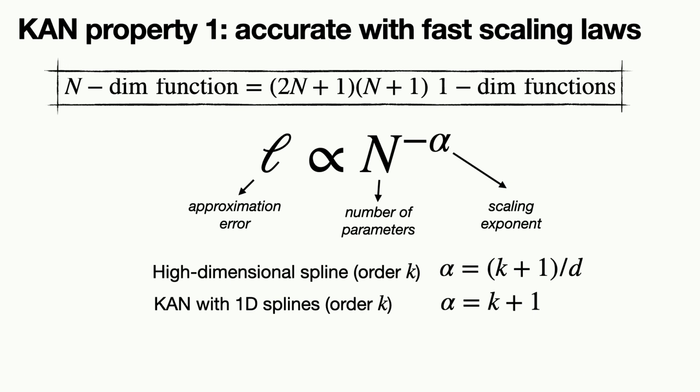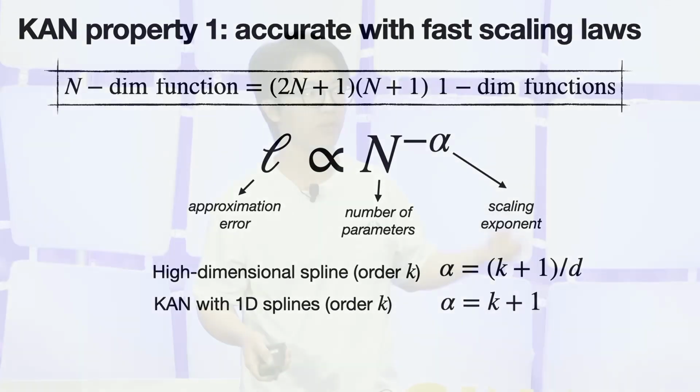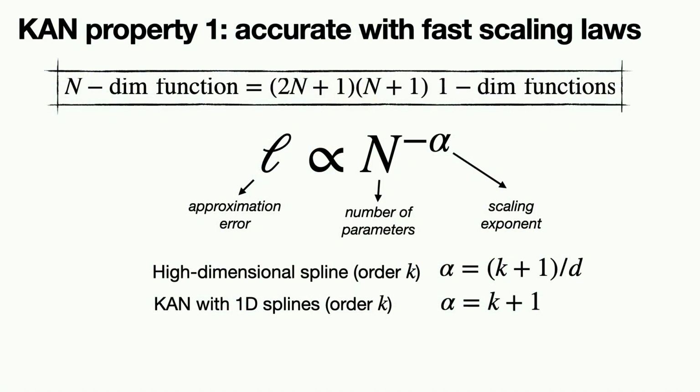So your scaling law is as good as approximating 1D functions, which we know mathematically how to approximate. So with that, we can largely improve the scaling exponent from proportional to 1/d, which suffers from the curse of dimensionality, to something that is independent of your input dimensionality.